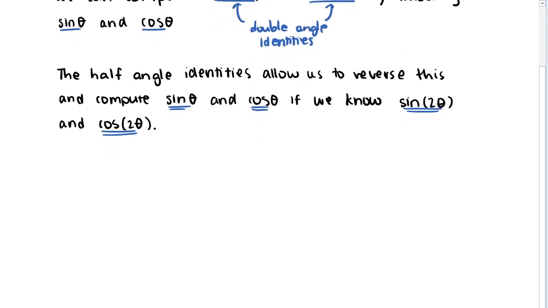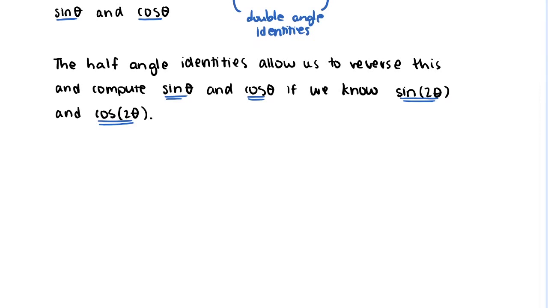And so let's derive these half-angle identities. They come from just taking the power reduction identities and taking them a step further. The power reduction identity for cosine said cosine squared of theta is the same as 1 plus cosine of 2 theta, all divided by 2.